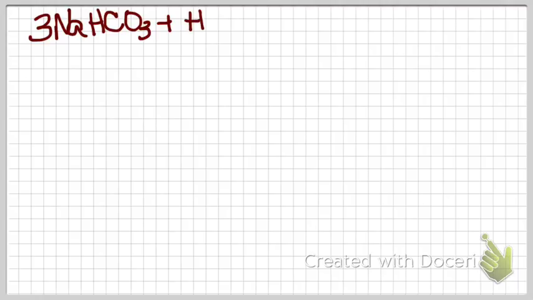So it says in the text that my balanced equation for this reaction is 3 moles of sodium bicarbonate, that's just baking soda, plus 1 mole of citric acid. That's what gives the Alka-Seltzer its scent so that it doesn't taste like baking soda.